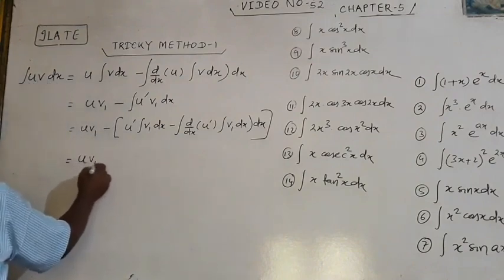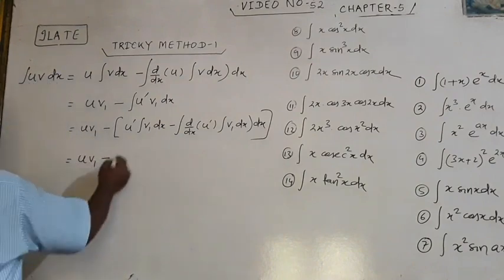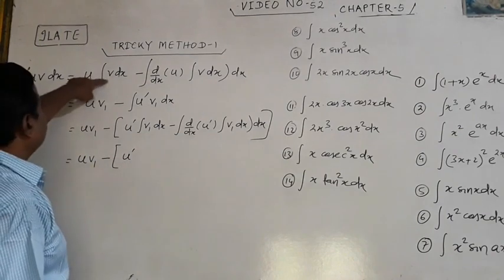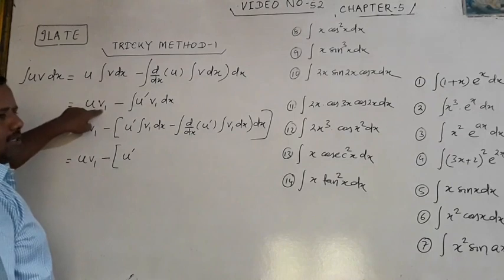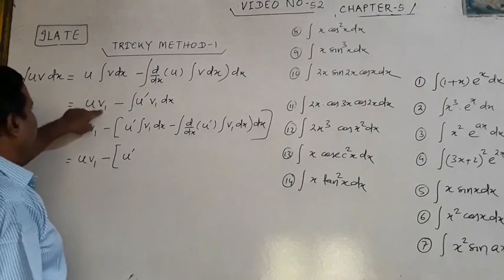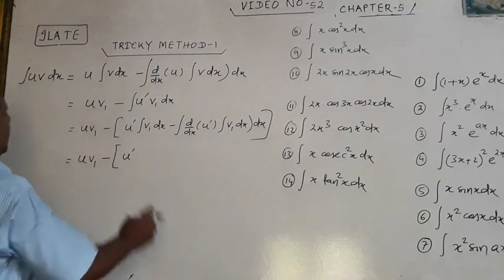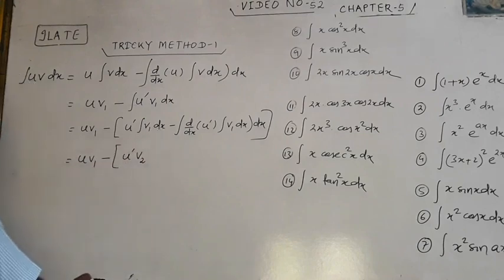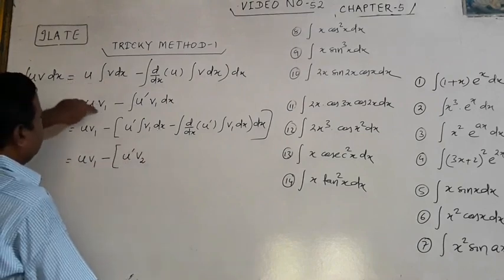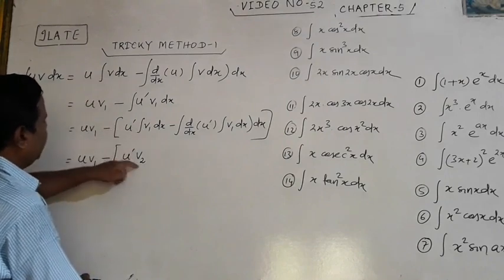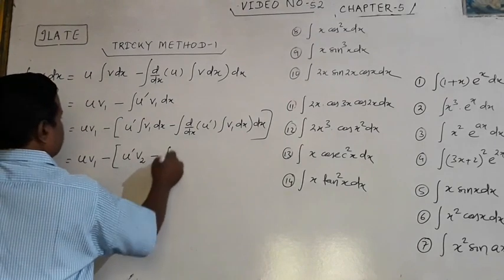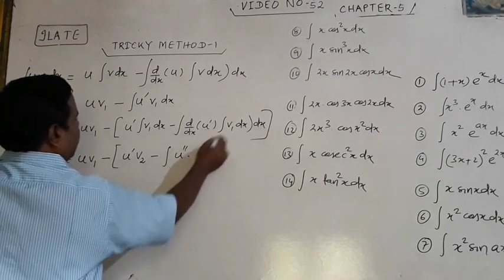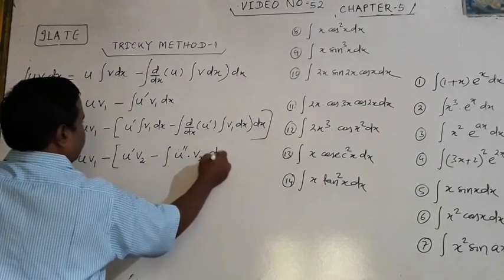Now what is the result? u v1 minus, tell me what is the result? It is u dash. As integration, I am writing it as the subscript in the below part. So it is u dash v2. I am taking integration of v as v1 and integration of v1 as v2, minus integration. It becomes what? u double dash, and it becomes v2 dx.